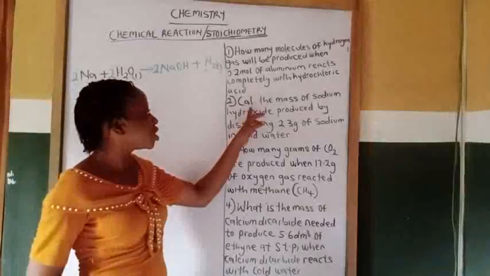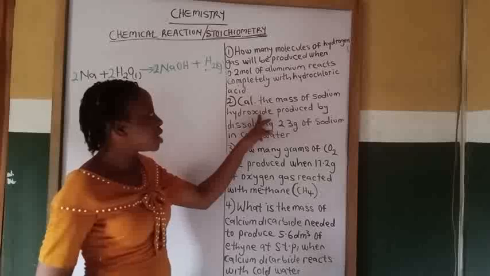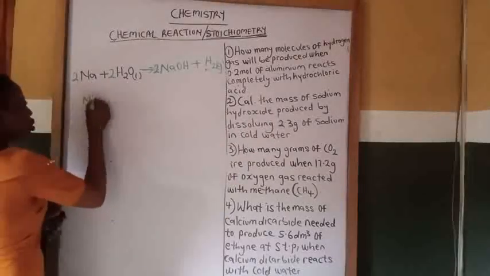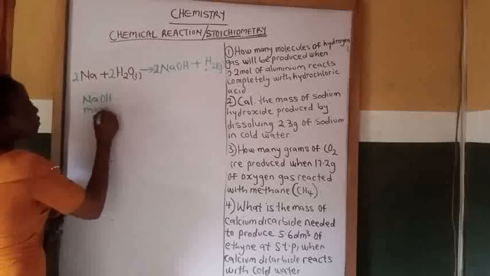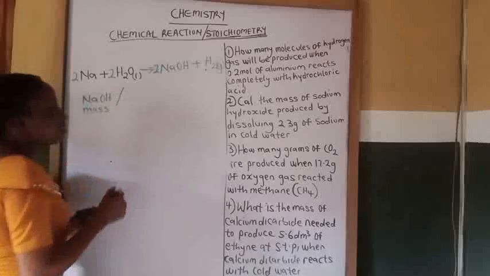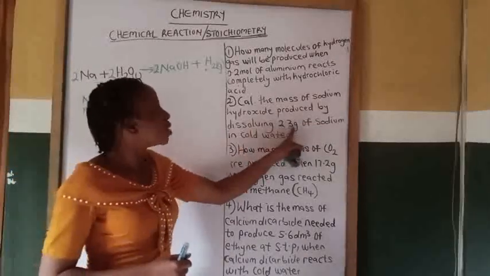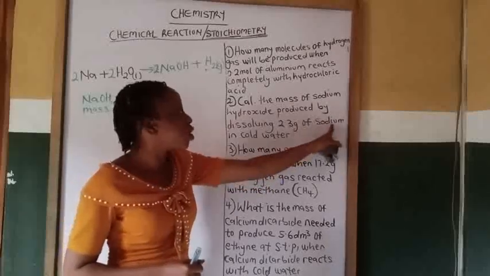So let's come back to the question now. Calculate the mass of sodium hydroxide. It shows that we are going to need sodium hydroxide in the form of mass, by dissolving 2.3 grams of sodium.